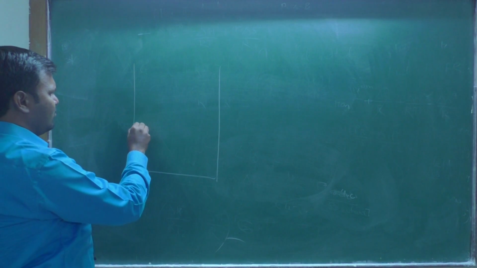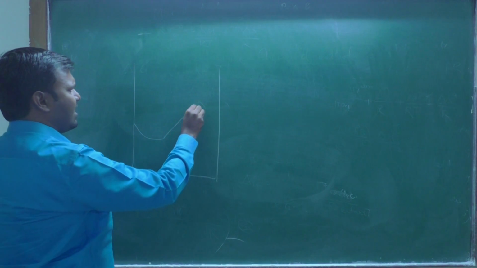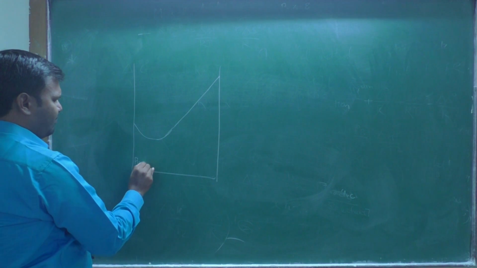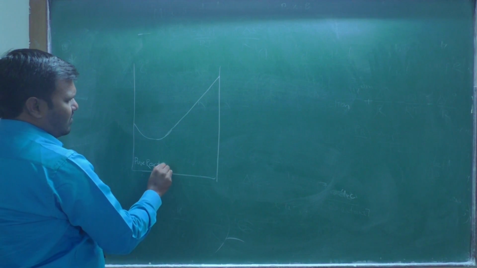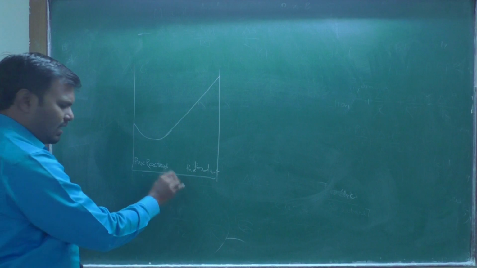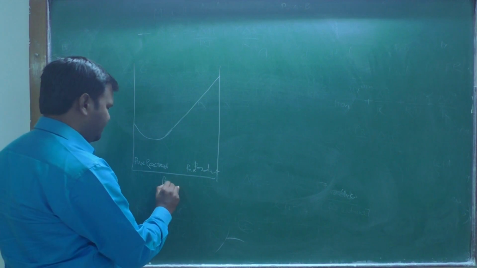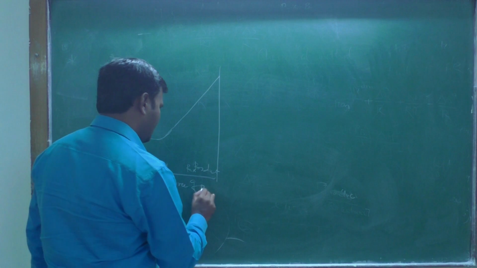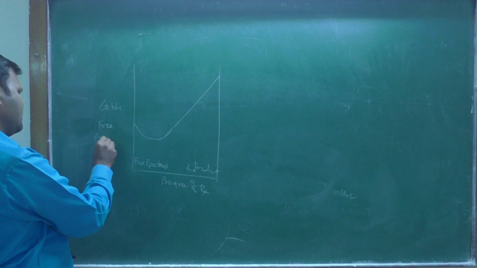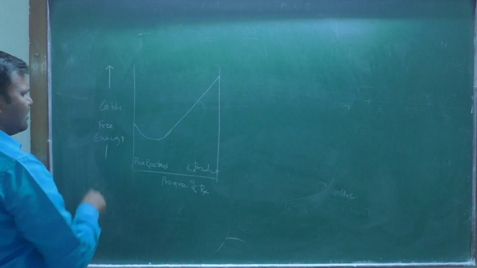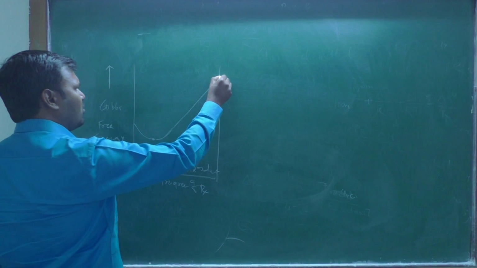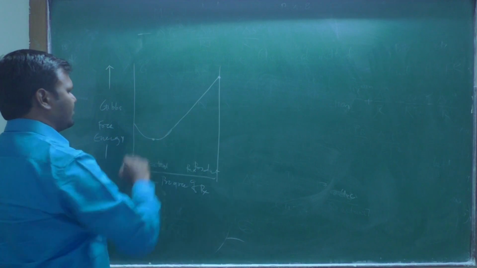For this we have the first graph, where the reactant reacts. This side is the pure reactant and this side the pure product, with the progress of reaction on the axis and the Gibbs free energy increasing on the other. At this point the reactant is more, and at this point the product is more.